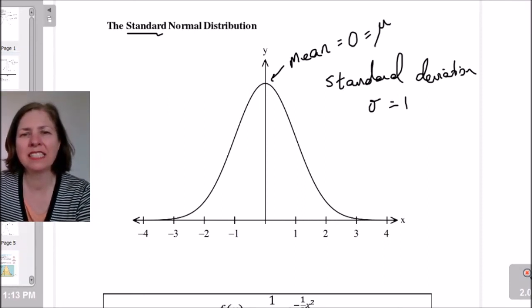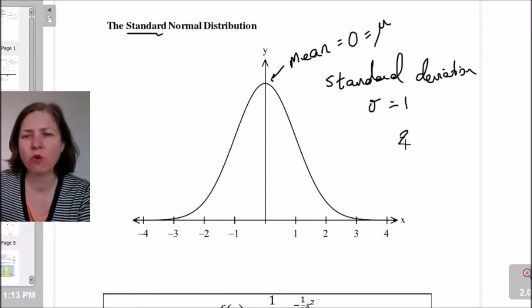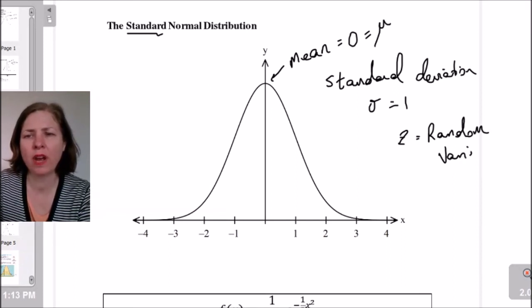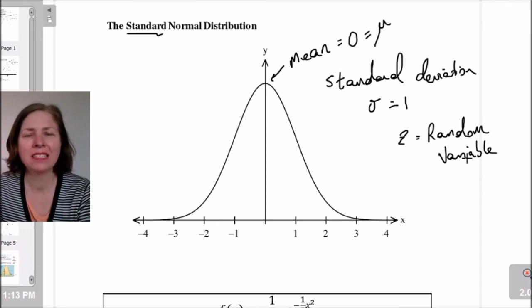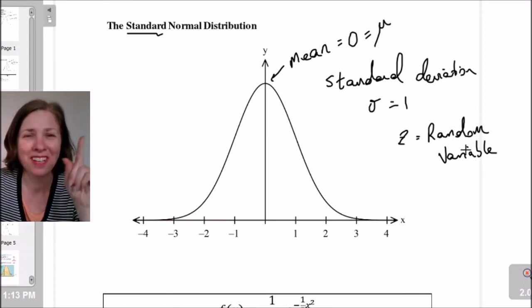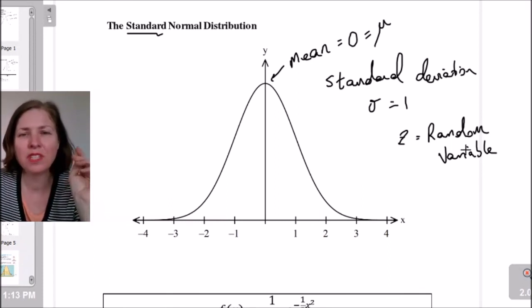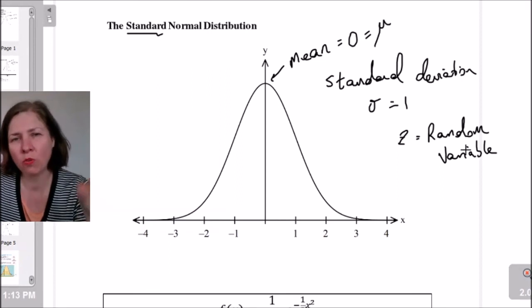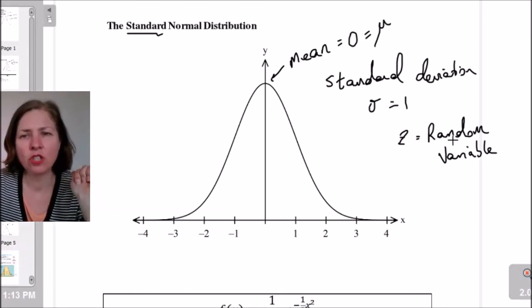So when we have a standard normal distribution, then we use the letter Z for our random variable. So the random variable is always denoted by the letter Z. You know how when we're doing a question and we say, let X equal the number of sixes if I throw a dice 15 times, we call it X, we can call it Y. Whenever we're dealing with the standard normal distribution, we call our random variable Z. And you can use Z as shorthand for saying this is a standard normal distribution.